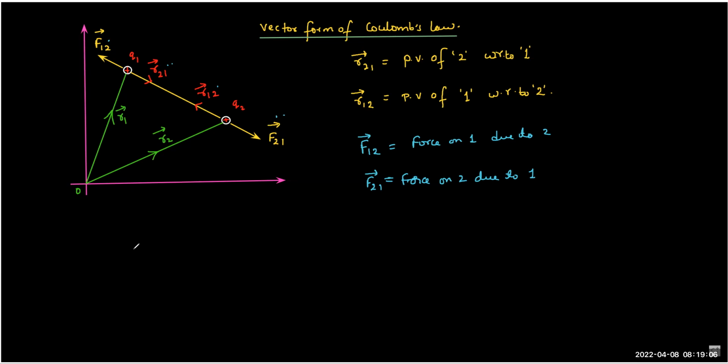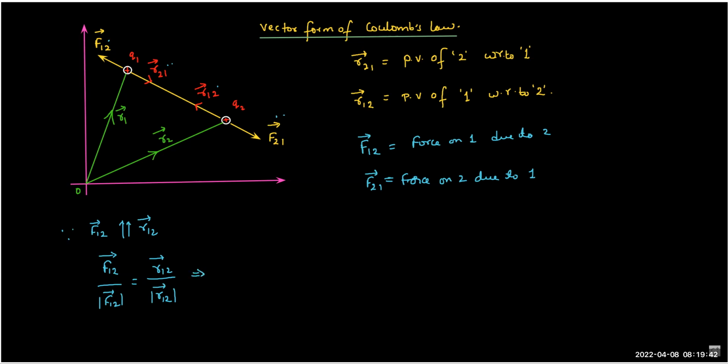So what we can say is that since F12 is parallel to R12, their unit vectors must have the same direction, isn't it? Yes, sir. And because they are unit vectors, they are equal in value also. So this property will help us in writing the answer.